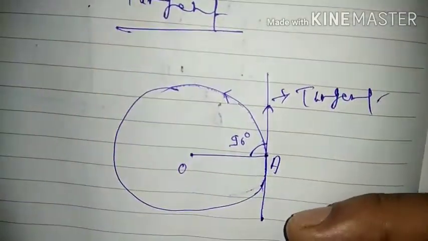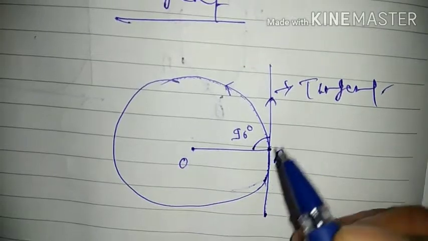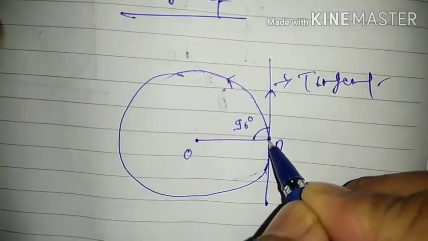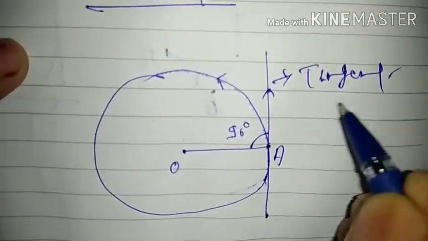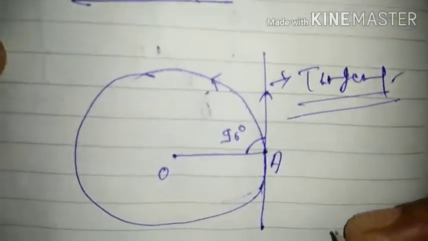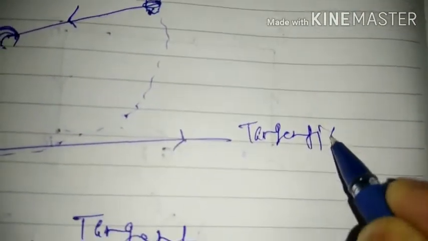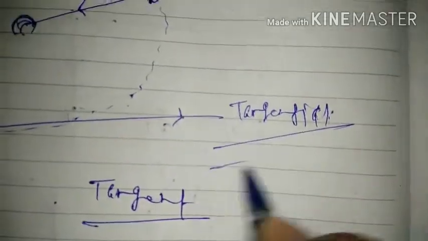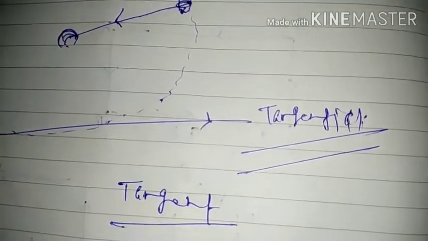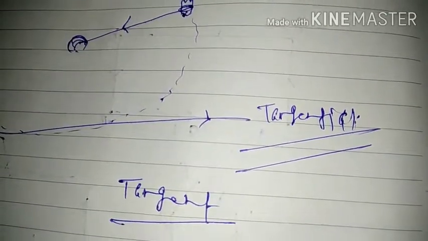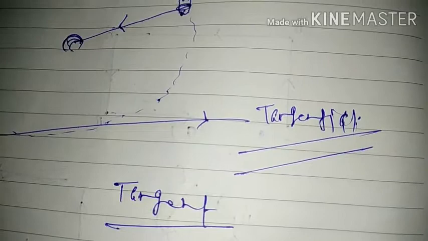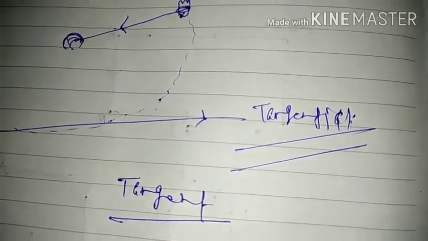So if any object travels on a circular path, then at each and every point its direction changes, and at that particular point its direction becomes tangential. The word tangential is derived from this tangent. So due to this fact, we can easily say that in uniform circular motion, the speed of an object remains constant, but the velocity changes continuously.